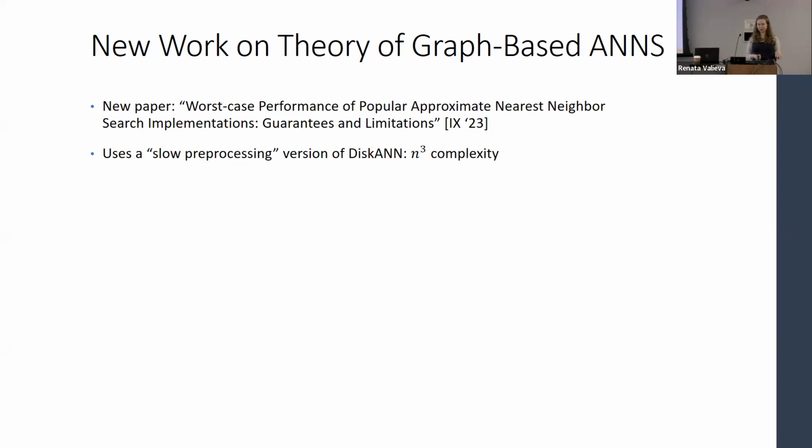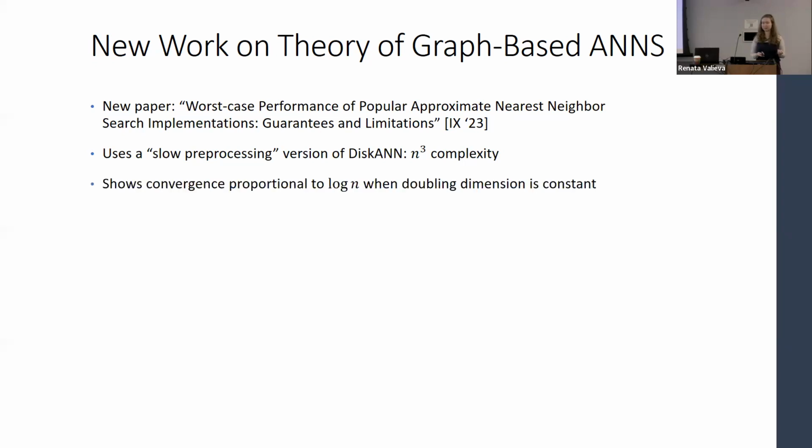So this is incredibly expensive. But it shows a guarantee of convergence proportional to log n when the doubling dimension is constant. Unfortunately, there is an exponential dependence on the doubling dimension. But I just wanted to show you that some small steps are being taken to give these algorithms some theoretical grounding. And I hope that this talk has convinced you that maybe you want to take some of those steps yourself too. Okay, thank you.